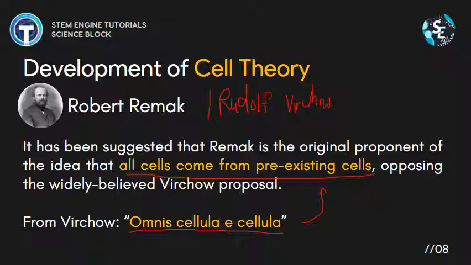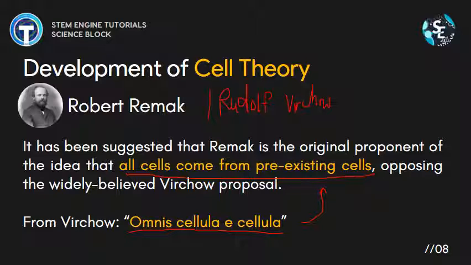Then si Virchow naman ang nakilala nga sa statement na omnis cellula e cellula, which is just a Latin phrase meaning all cells come from pre-existing cells. So, kanino natin ngayon i-attribute ang third tenet ng cell theory, which is the all cells come from pre-existing cells.